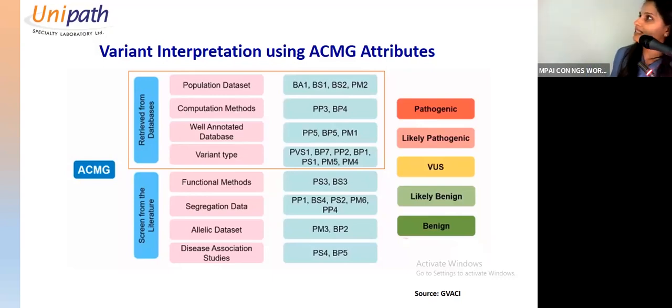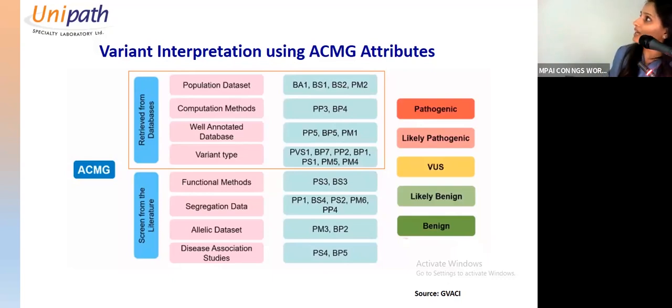Some of this comes from functional studies, from published literature, from clinicians, from patient history, right? So it comes from different places, but some of it comes from the databases, from the computer. So you can work on this aspect easily.